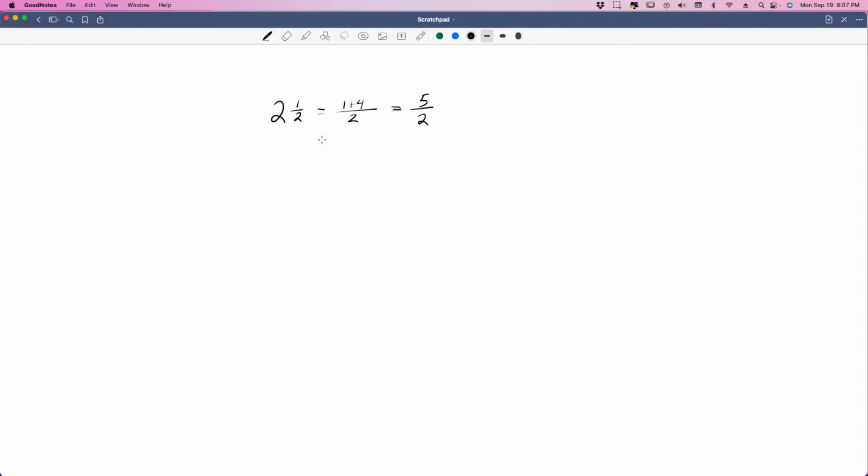Okay, so we'll start with example 28.2, and we have 7 and 4 over 9 as the mixed number. And what we need to do is turn that into an improper fraction. So we're going to say 7 times 9 plus 4, and all of that is going to be over the denominator of 9.